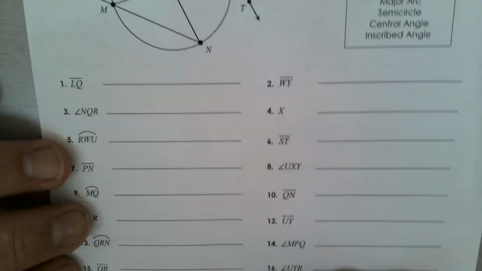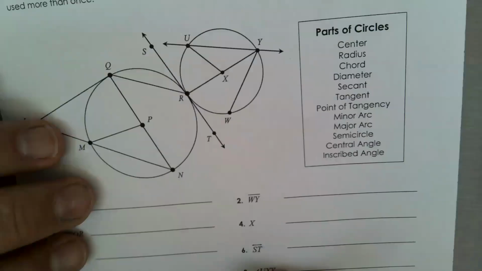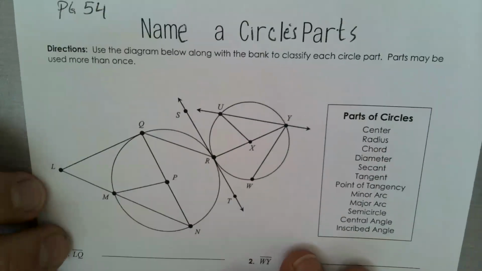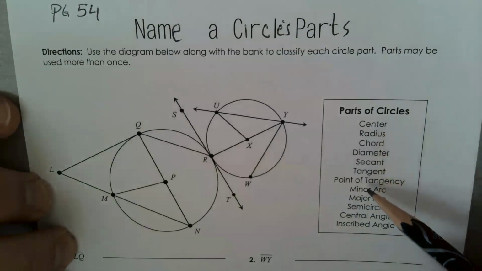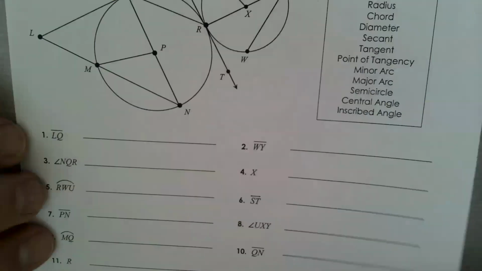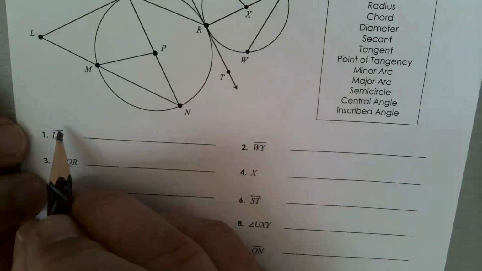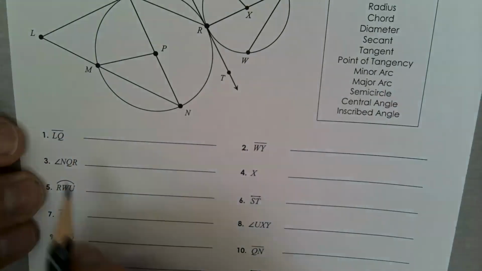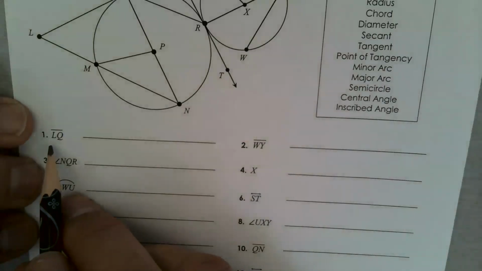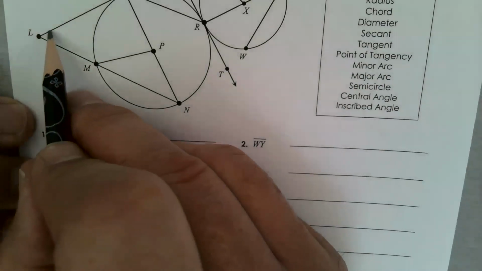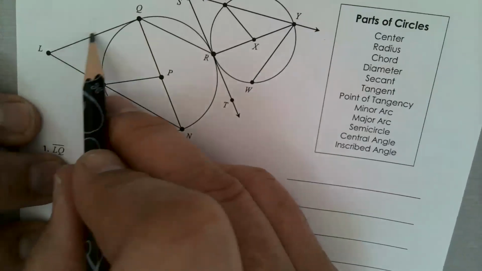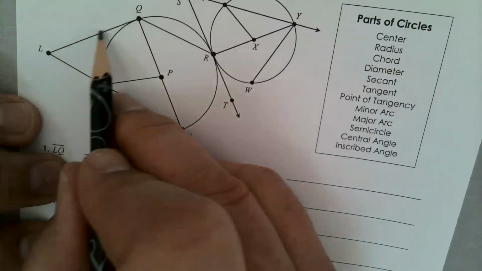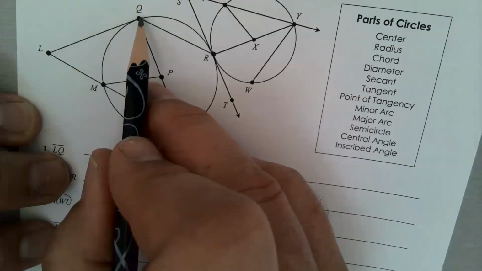So the task I lay in front of you today as your homework, so to speak, is for you to name the circle's parts. Okay, these are all the terms we've talked about. And what we're looking at is what's given here. I want you to give it a name. So for example, if I look at LQ, here's L, here's Q. This is a part of a line. It's actually not a line, it's a segment. But how many times does it meet the circle?